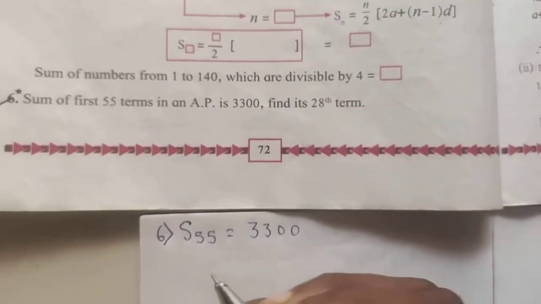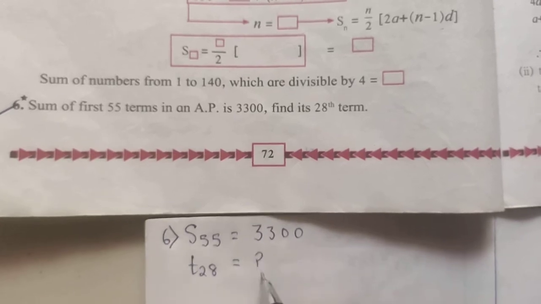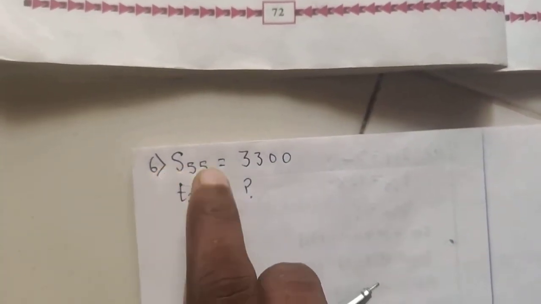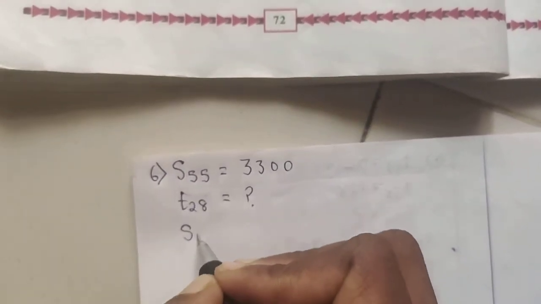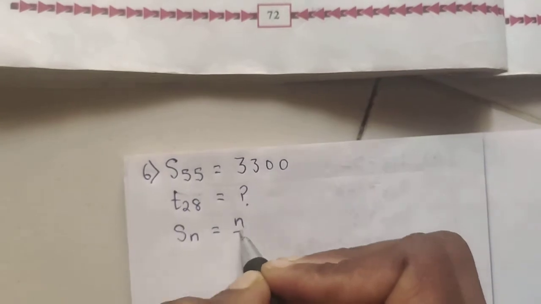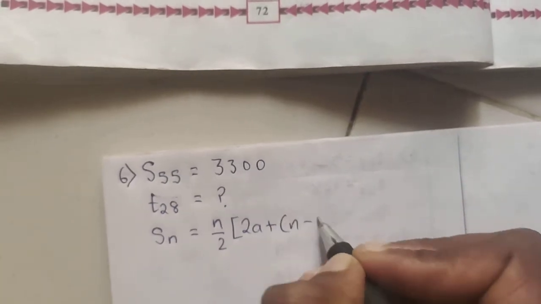Now what do we want to find out? The 28th term, that is T28. Now we have to use the Sn formula first because we are given S55. So what is the Sn formula? n upon 2 bracket 2a plus n minus 1 into d. This is the Sn formula. Now in this Sn formula we are going to replace n by 55.